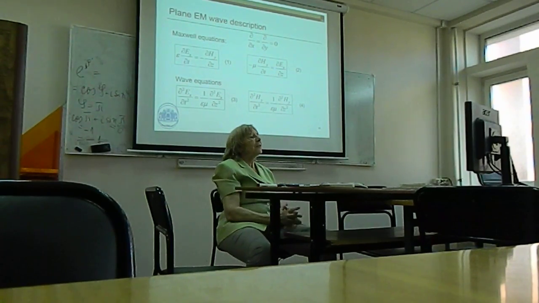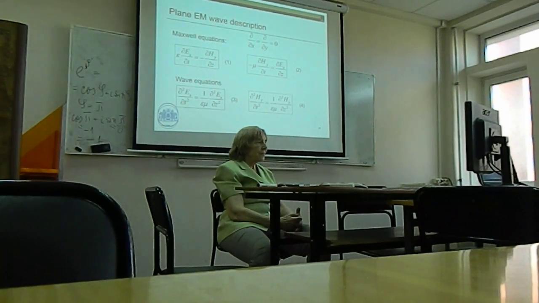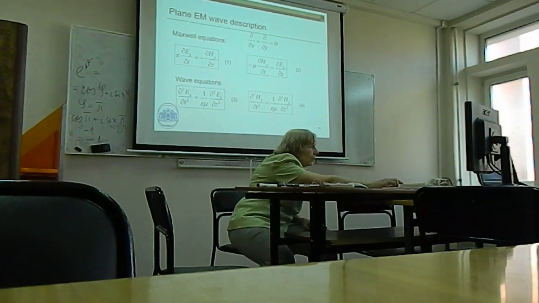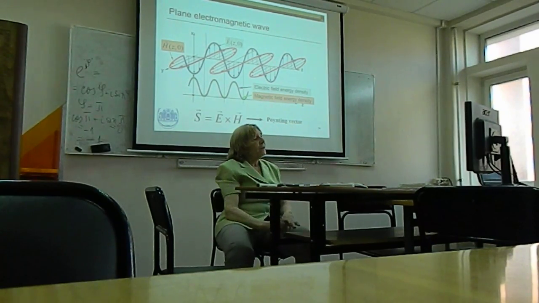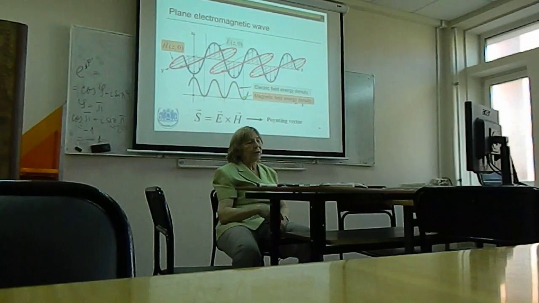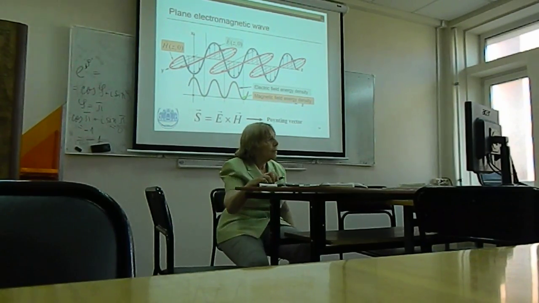So for the plane electromagnetic wave, we have two quite similar equations, which are named wave equations, and they can be solved, and I will show you how does it look, the solution of the wave equation. And here is a plane electromagnetic wave shown. You can see there are only two components.